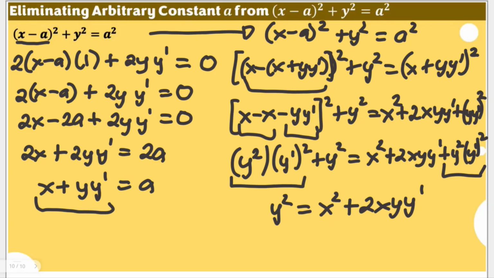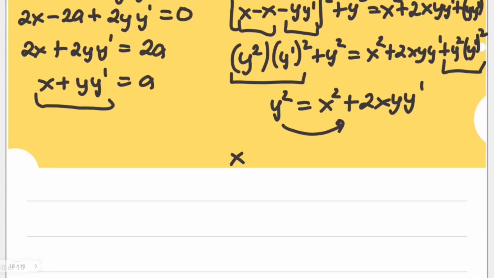We can simply transpose everything to the other side, and of course by symmetric property you will end up with the equation x squared minus y squared plus 2xy y prime is equal to 0.